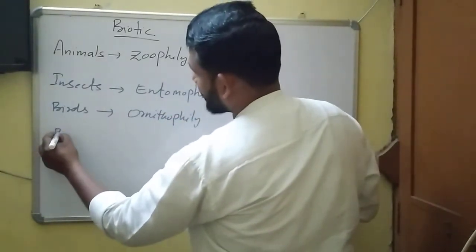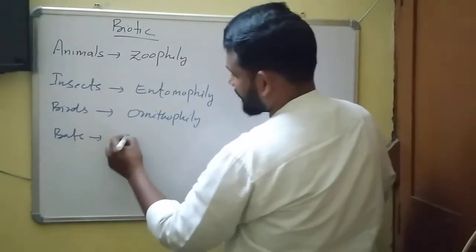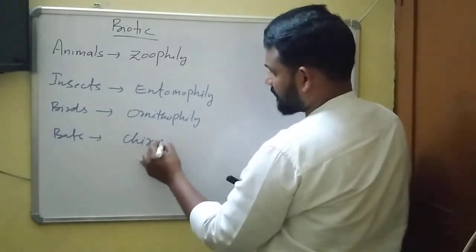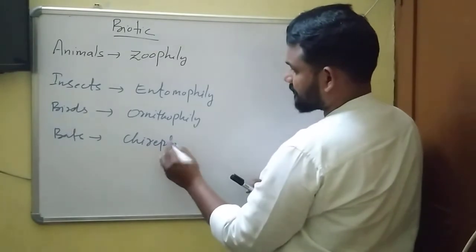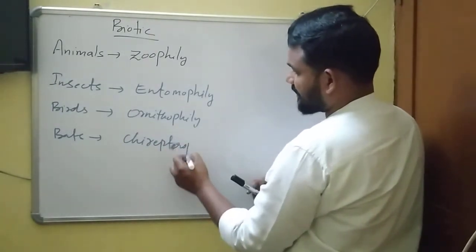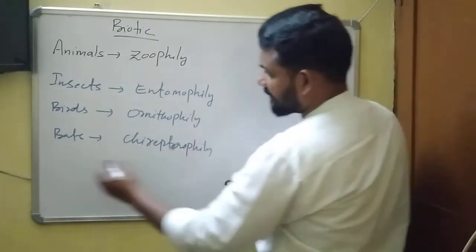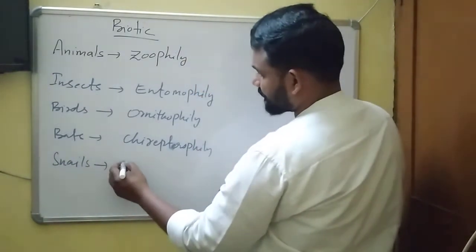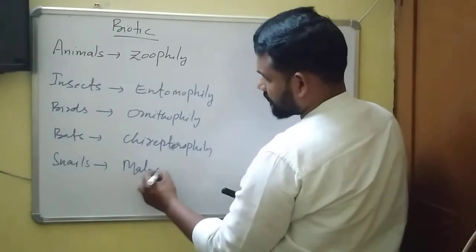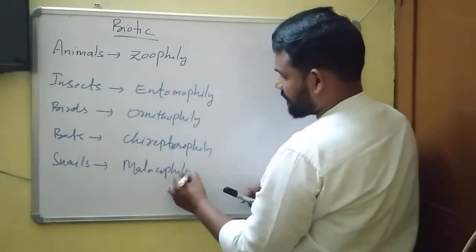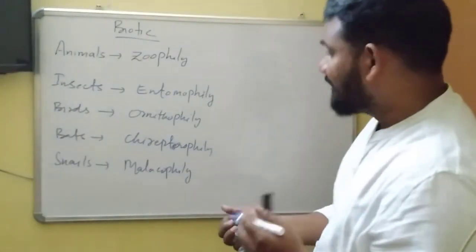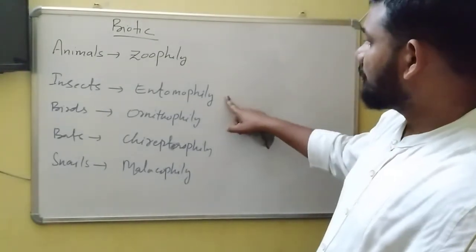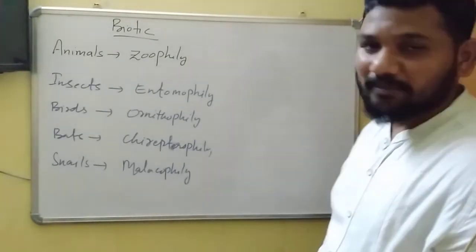If it occurs through bats, it is called chiropterophily. If it occurs through snails, it is called malacophily. So depending on the type of animal, zoophily is entomophily, ornithophily, chiropterophily and malacophily.